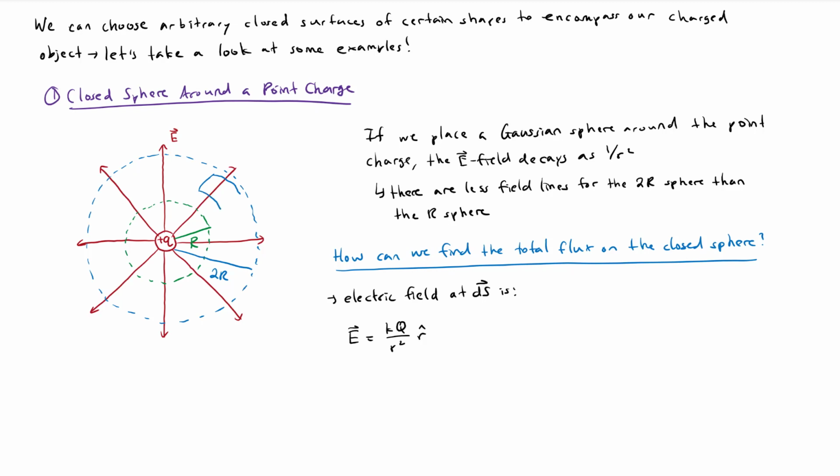I have a sphere and I'm only looking at the surface. So I call the surface dS, and I know that there's going to be a dS vector pointing this way. So I know the electric field points radially outwards. I also note that the electric field is parallel to dS.